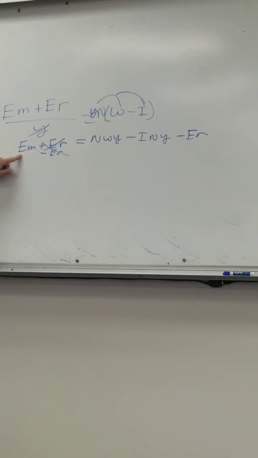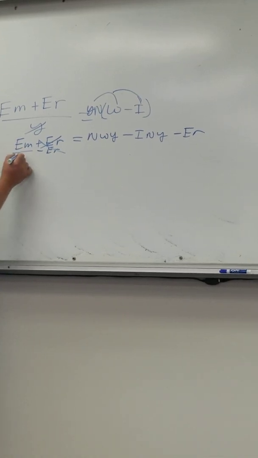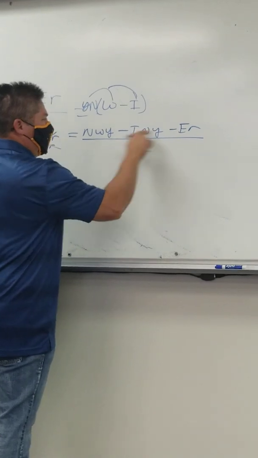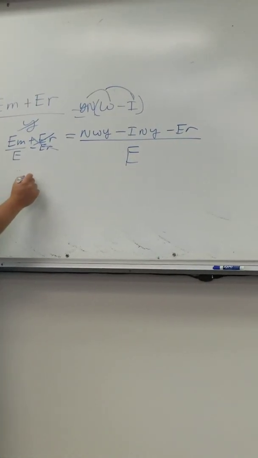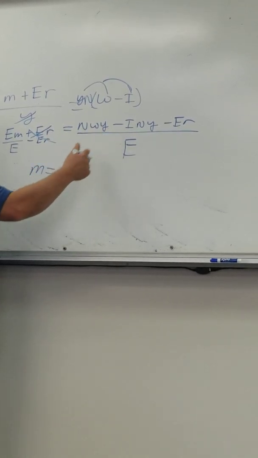Divide it. I gotta divide it by what? Don't divide by M, that's what I'm trying to get by itself. Divide by what? E. Everything over here would have to get divided by E. M equals, now I can divide each thing by E so they're separate terms.